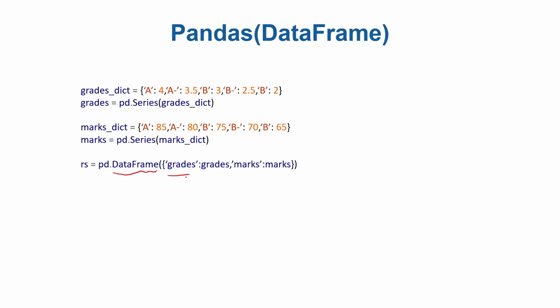We may have, for example, two-dimensional data structures, and the data frame is much more powerful, particularly for reading data from files and manipulating it. We will see that in the next video.